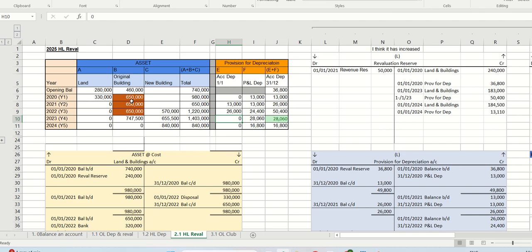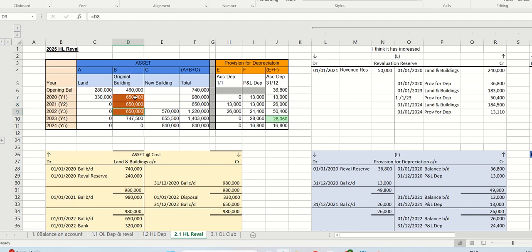So we've got to figure out how much depreciation was in there belonging to the original building. All you have to do to get this number, ever, is look at how many years it was at that revalued value in the middle. That is the amount of depreciation we're looking for.